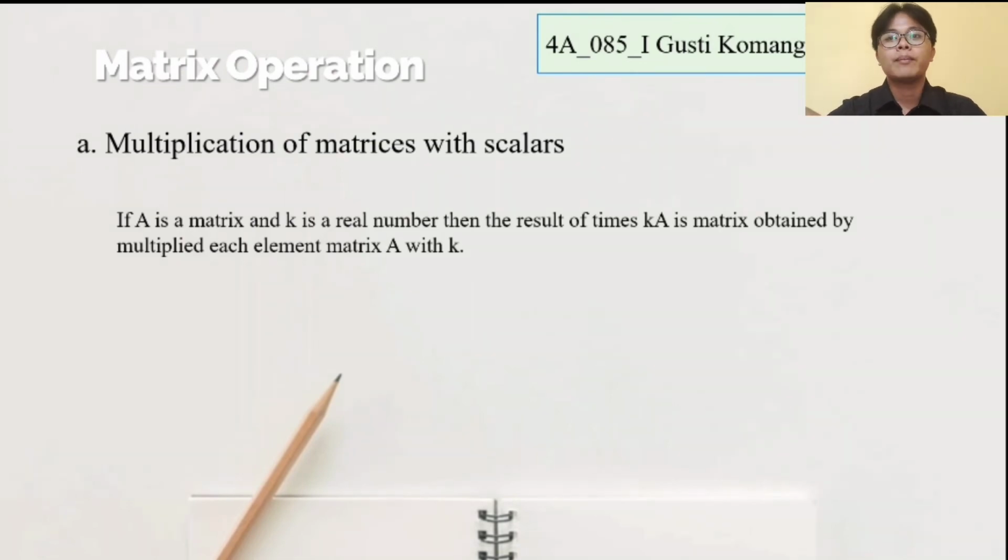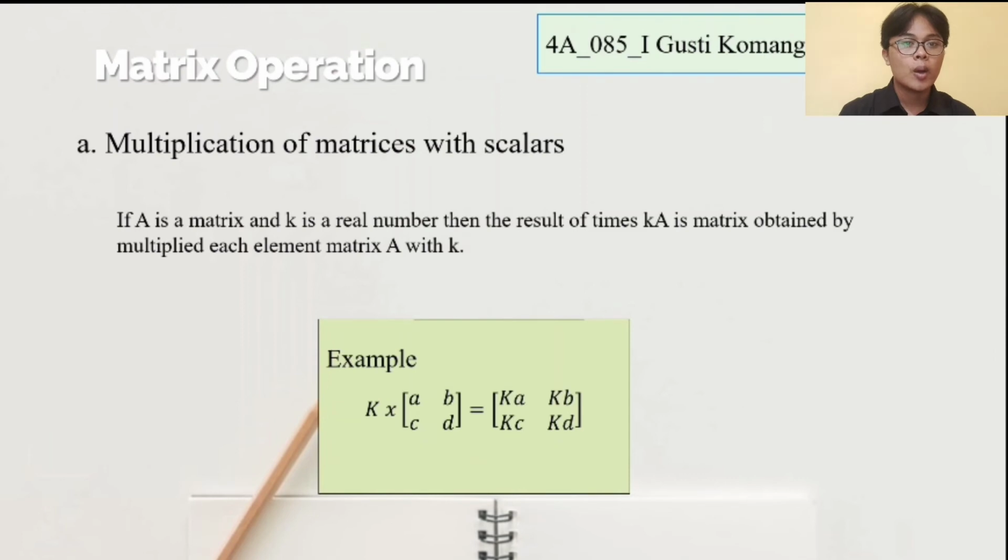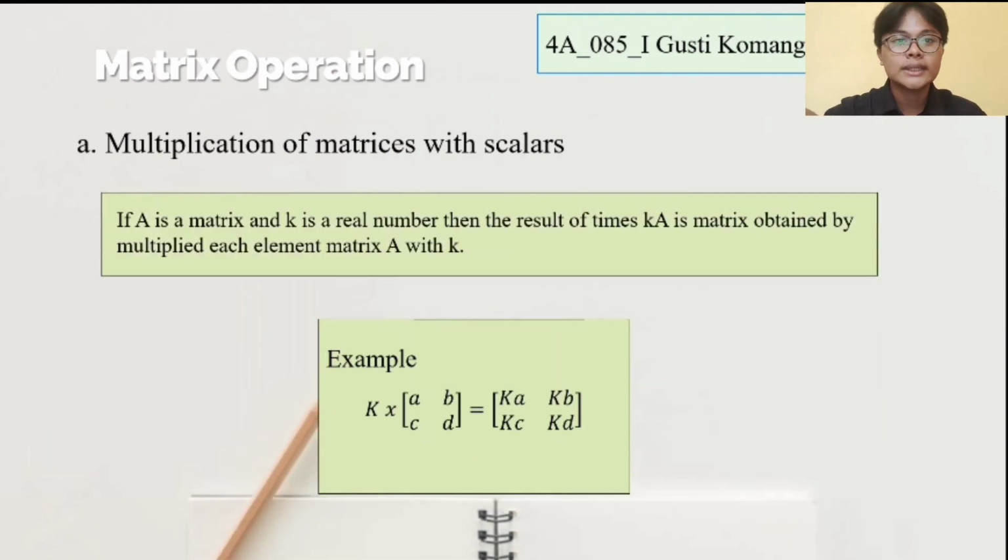If A is a matrix and K is a real number, then the result of K times A is a matrix obtained by multiplying each element of matrix A with K. For example, K times a matrix with elements a, b, c, and d, where K is a scalar. The result is a matrix with elements Ka, Kb, Kc, and Kd.